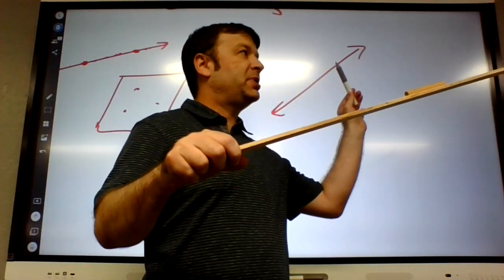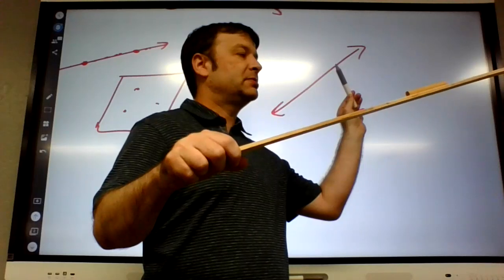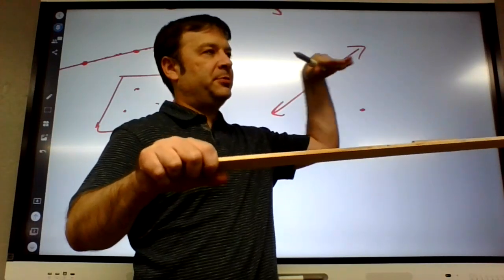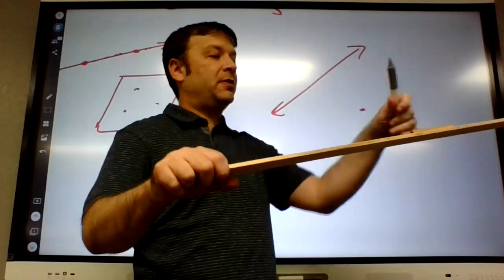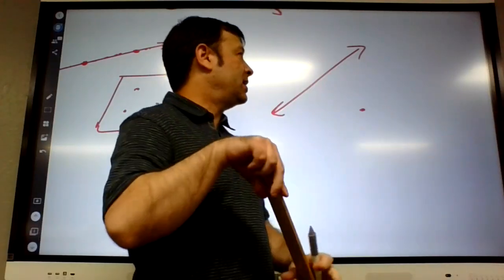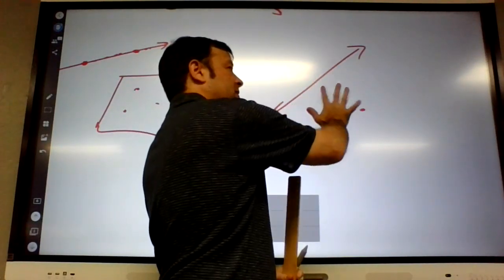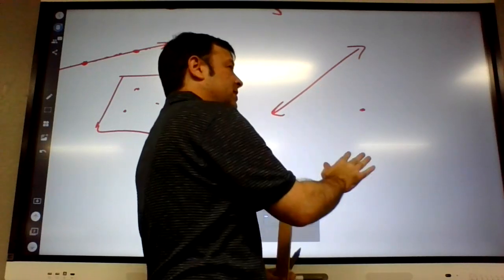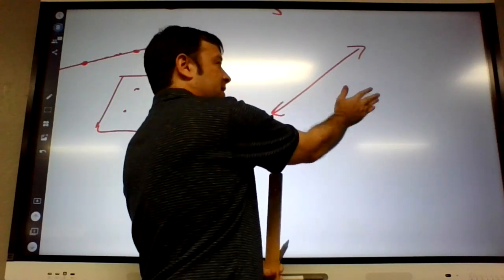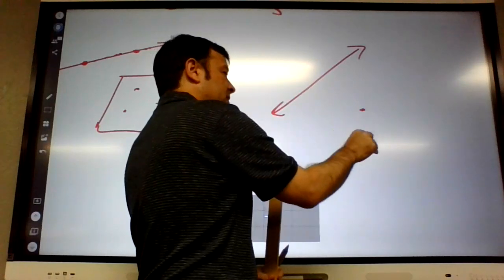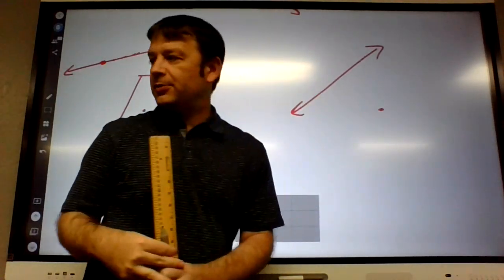How many planes would cover this? Well, there'd be one sheet of paper that would cover all that. So there's not two planes. The plane would have to go like this, and it's not really a plane. So there's only one plane that would cover those.